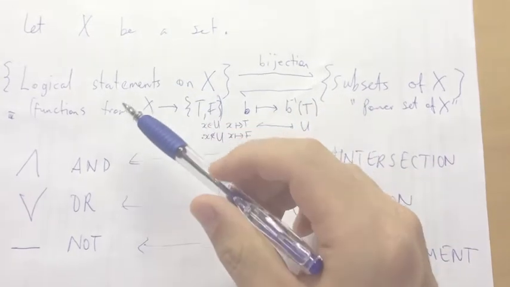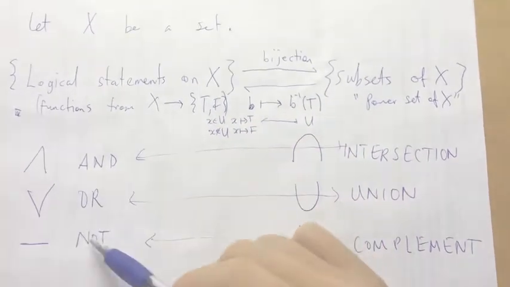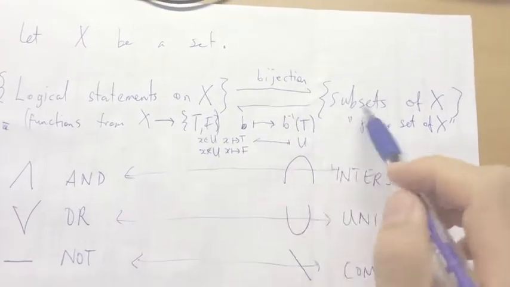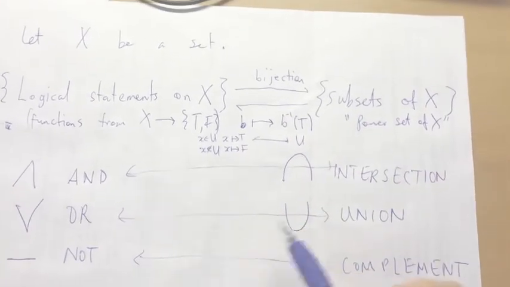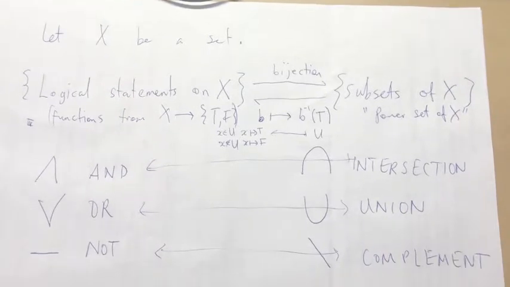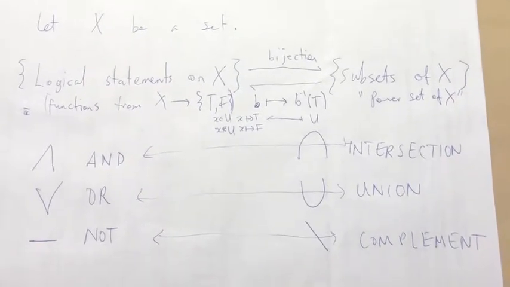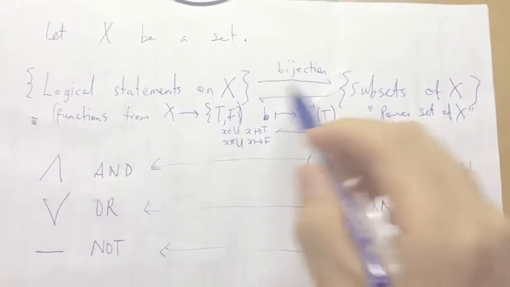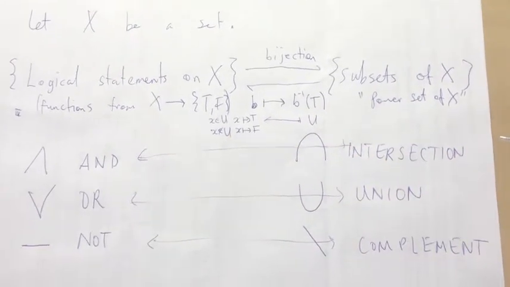The set of logical statements have a structure of and, or, not. And then there's a bijection between these two sets that preserves these operations. So that's a nice way of summarizing everything we've done in sort of one go. Because to understand this, you'll need to know what all these things mean.